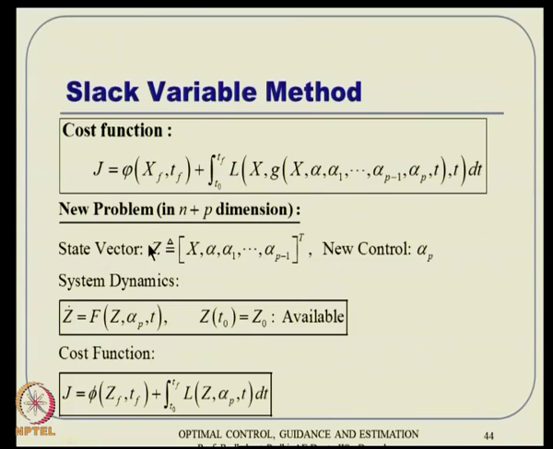In other words, if I define a state vector as x and all these vectors alpha 1 up to alpha p minus 1, then I can rewrite the system dynamics as z dot is some other function f of z, alpha p, t, where alpha p is my control variable, and similarly the cost function can be written like that. So, in this expanded, high dimensional state vector, the problem gets redefined, where everything else is known to us.